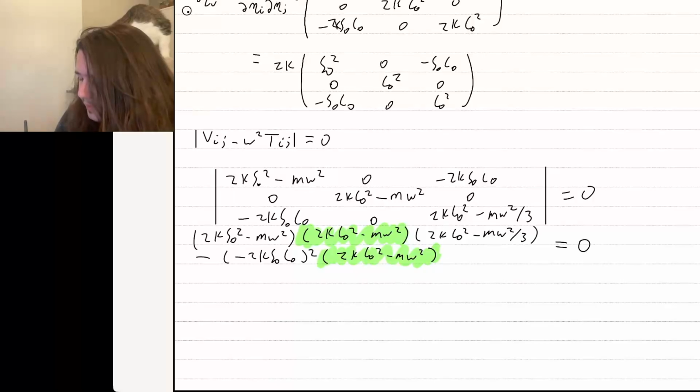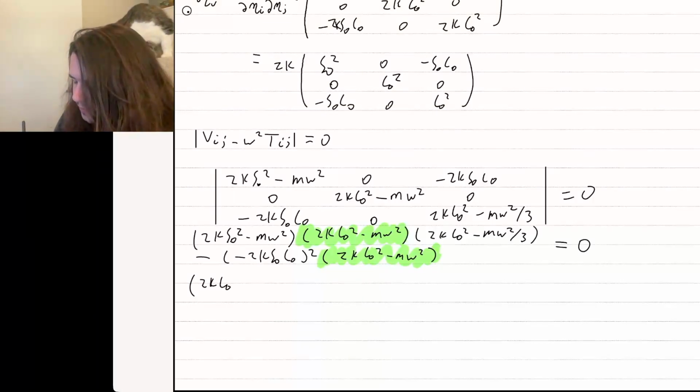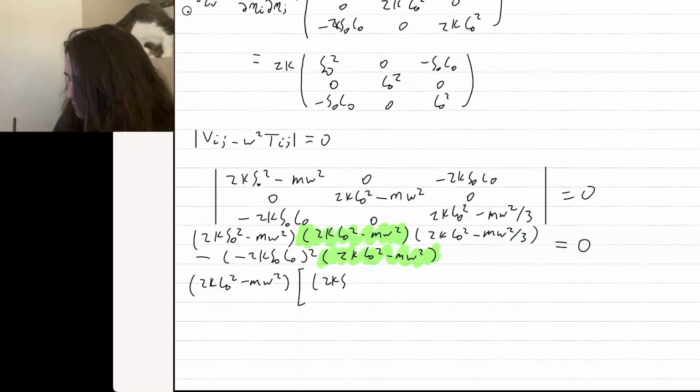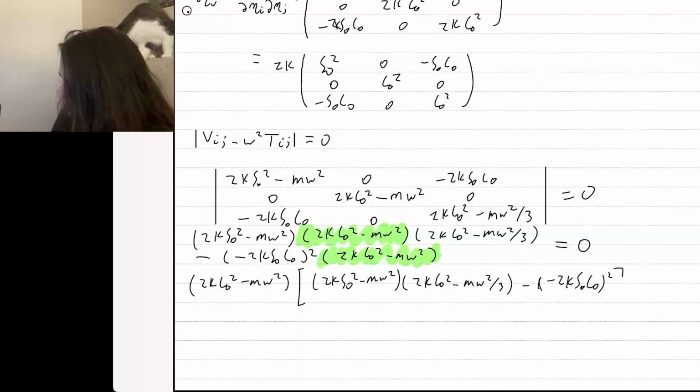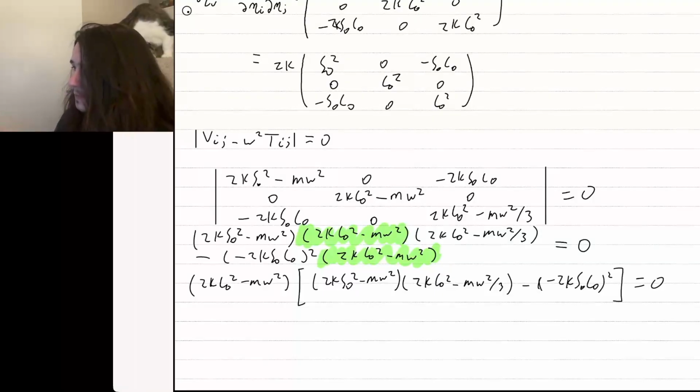So let's group it like this then. 2k c naught squared minus m omega squared, all of that times 2k s naught squared minus m omega squared times 2k c naught squared minus m omega squared over 3 minus negative 2k s naught c naught squared, like that, equals 0, right? And then work with that.